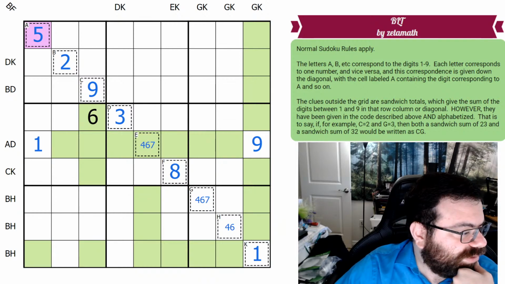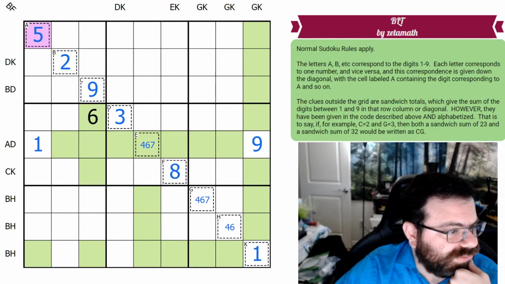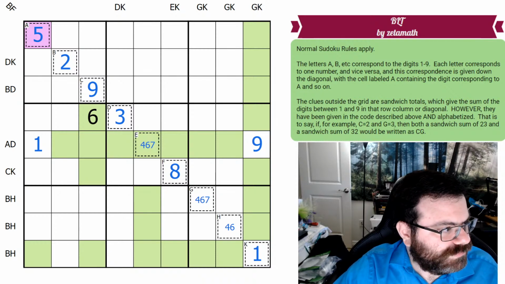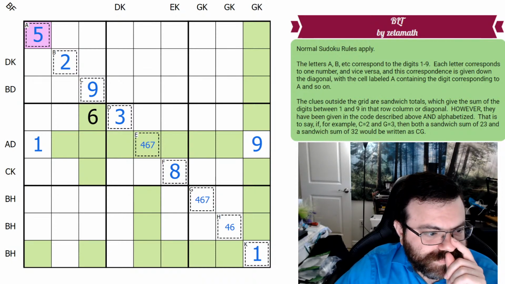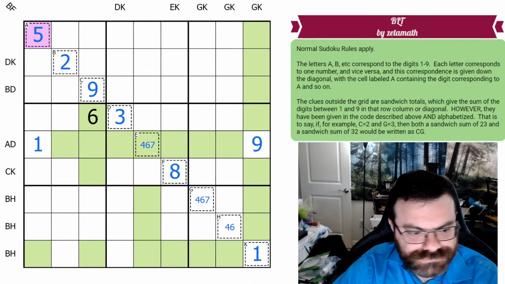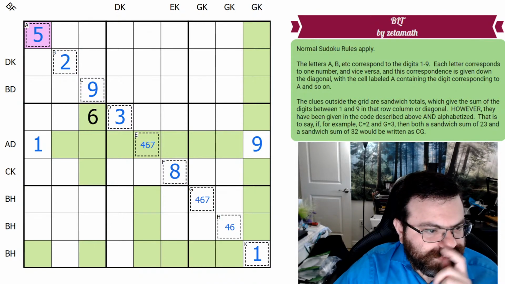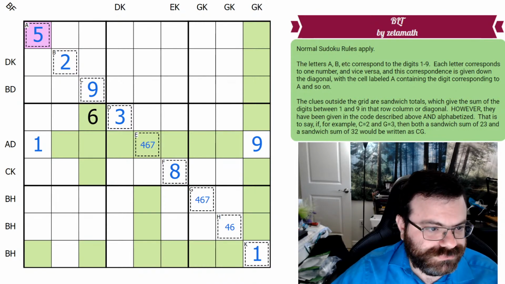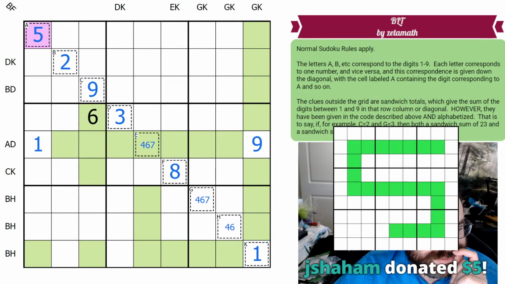I'm gonna pull up my little combinations thing. Okay, 26 can only be 5 long.